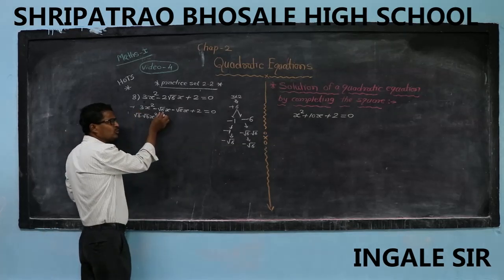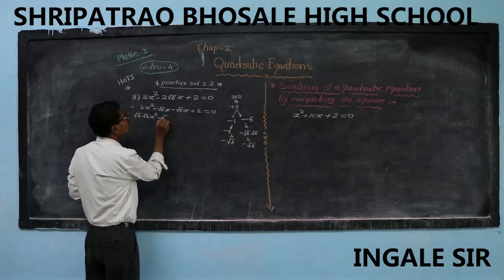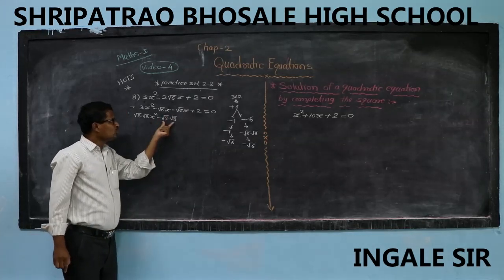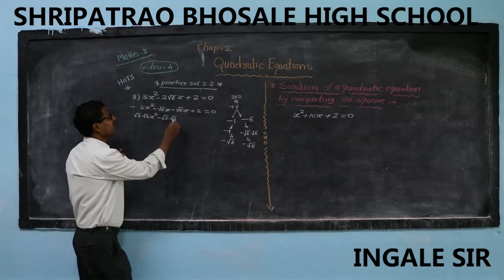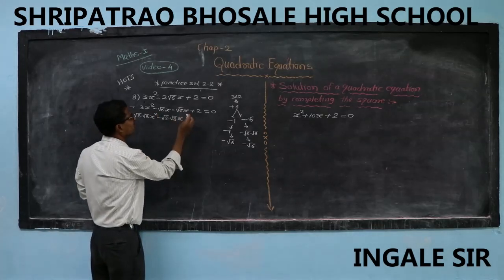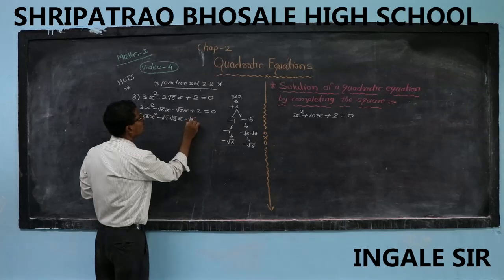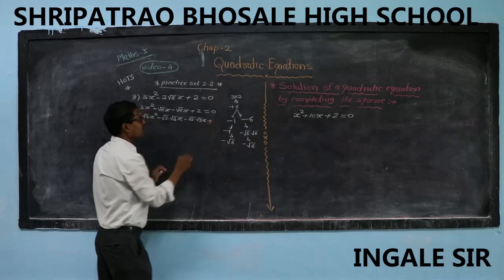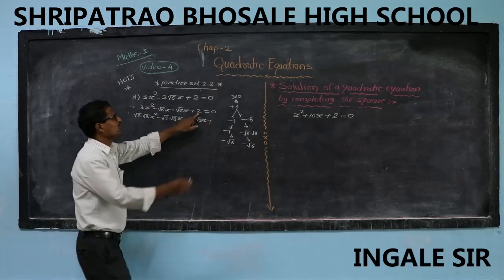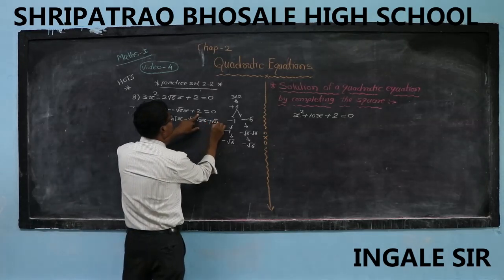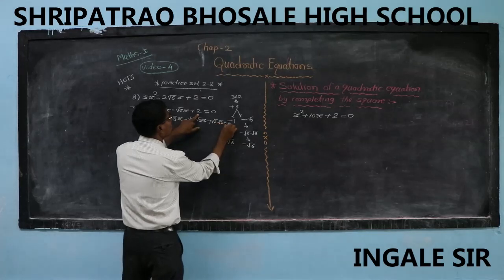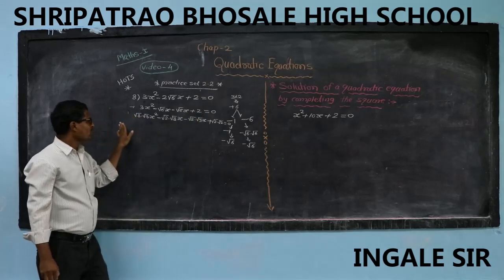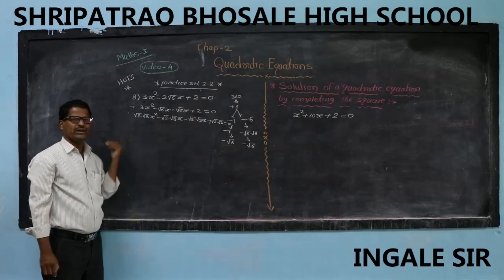We can write root 6 as root 2 into root 3, so root 6 x is root 2 into root 3 x. Similarly, we write 2 as root 2 into root 2, is equal to 0. Root 2 into root 2 means 2. We convert this because we have to take common.